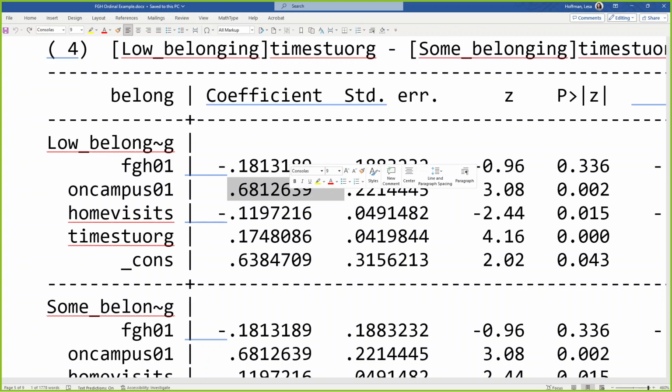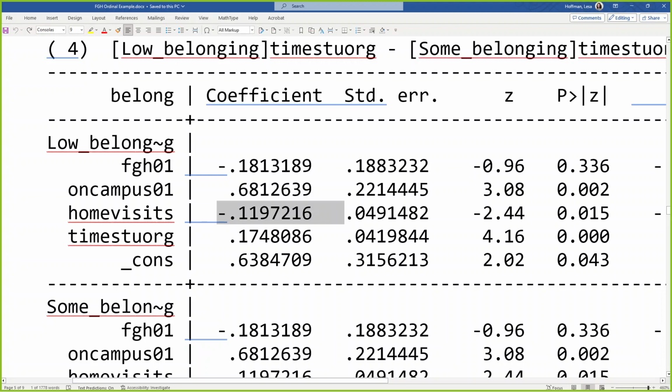Is it higher than low, or is it higher than some? Higher than low, yes, absolutely. Because we're in this part of the model, we're predicting higher than low. And then what's happening in terms of, is it increasing, decreasing, and by how much? Great, excellent job.